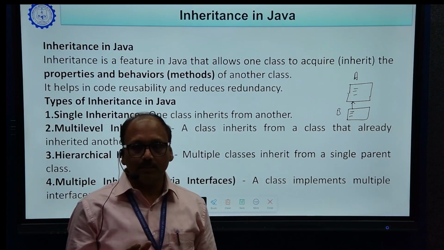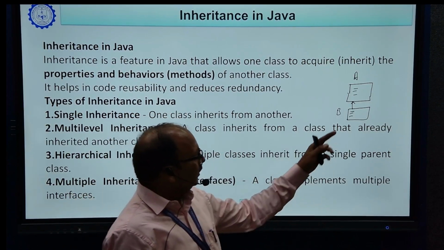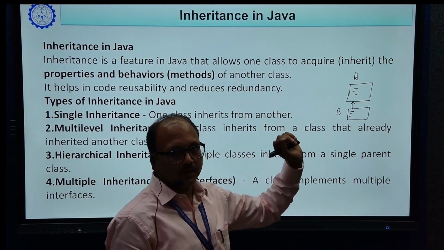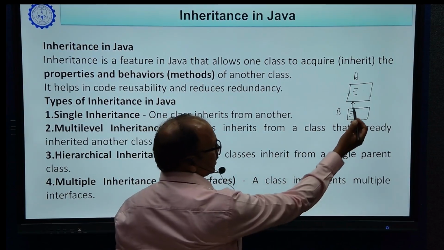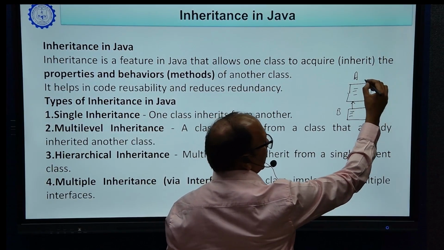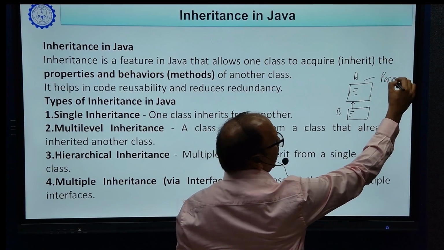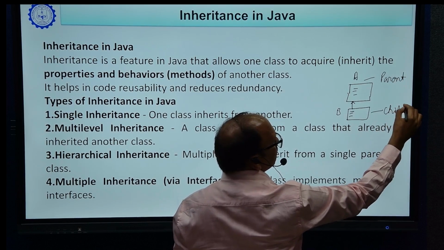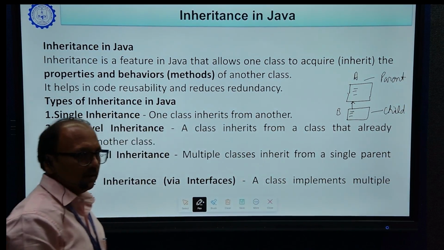The relationship must be a derivation, that means a class derives from another class. Here, A is the parent class and B is the child class. So this is inheritance, right?